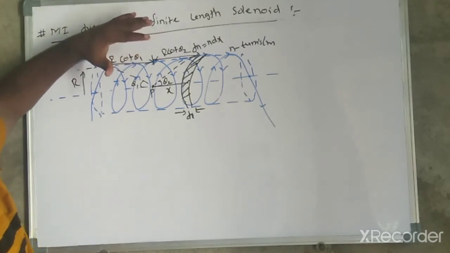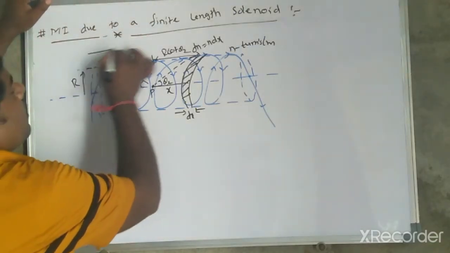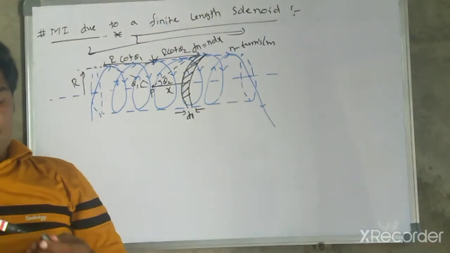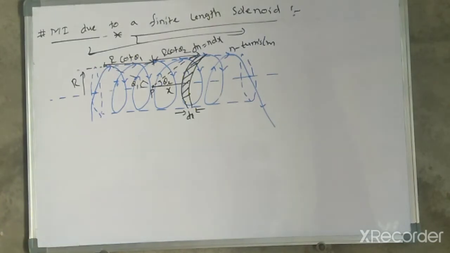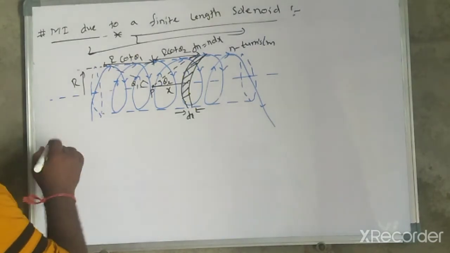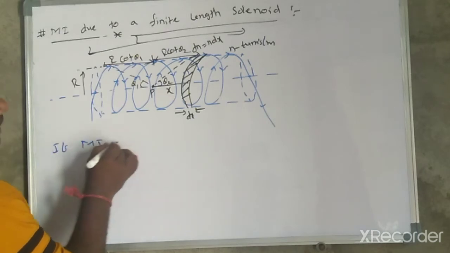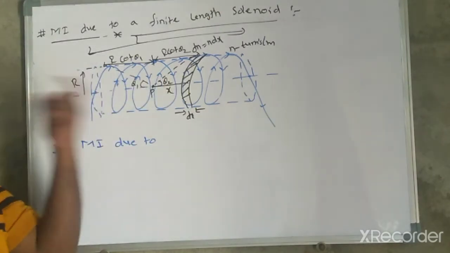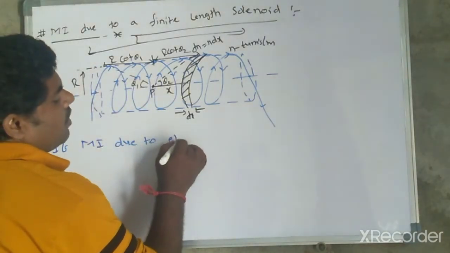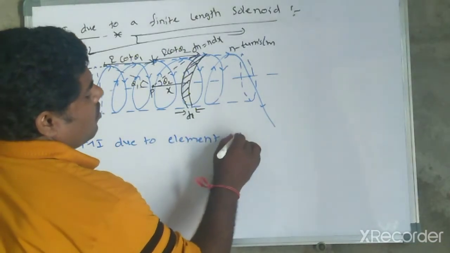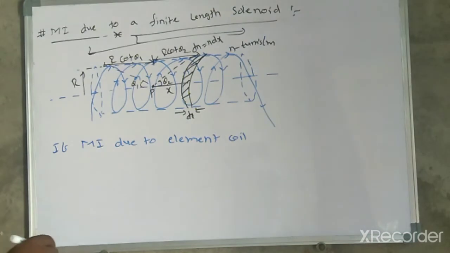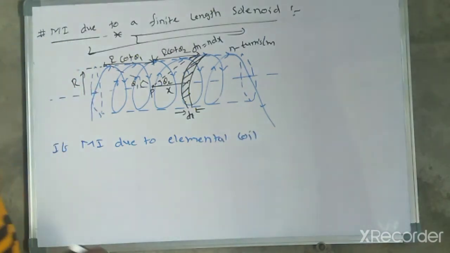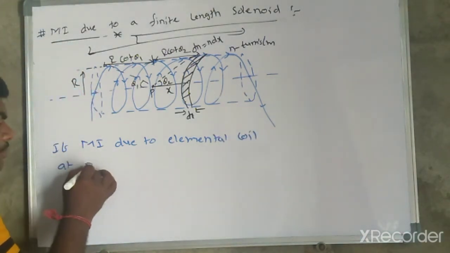Let the length of the solenoid be capital L. Now, let the magnetic induction due to the elemental coil at P be dB.